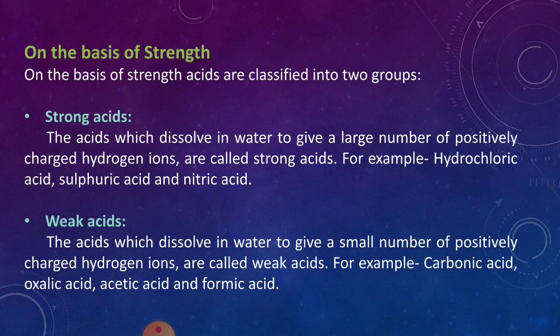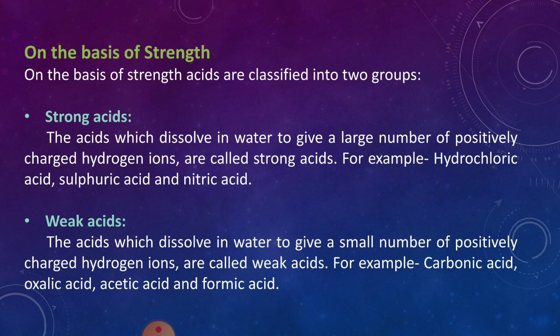So the acids which on dissolving in water do not dissociate or break down properly, and produce a very small amount of hydrogen ions, H plus ions, such types of acids are called weak acids. As for example, carbonic acid, oxalic acid, acetic acid, etc.